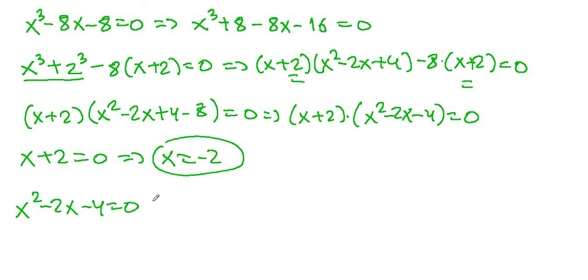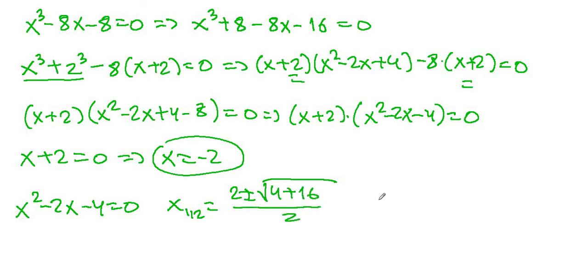So now let's find the roots using the discriminant. x1 and 2 is equal to 2 plus minus square root of 4 plus 16, divided by 2, and this one is equal to 2 plus minus square root of 20, divided by 2.